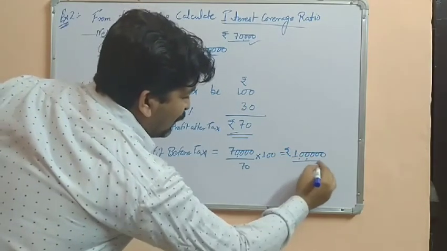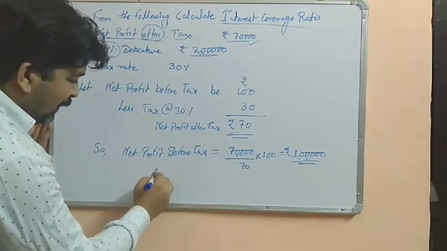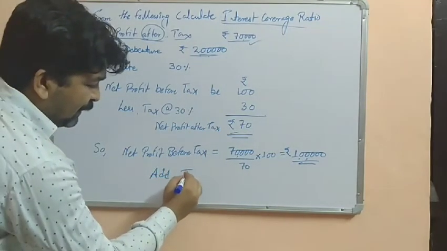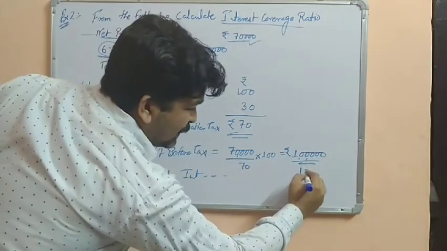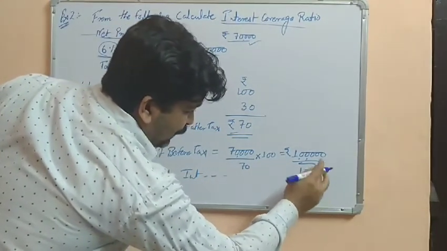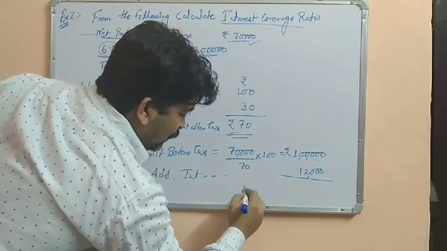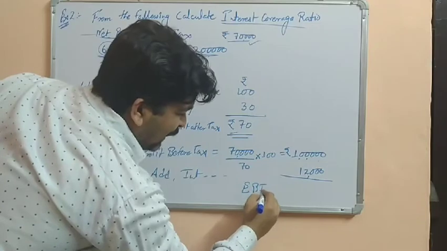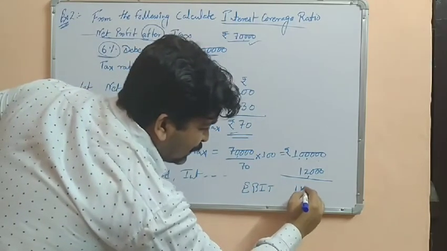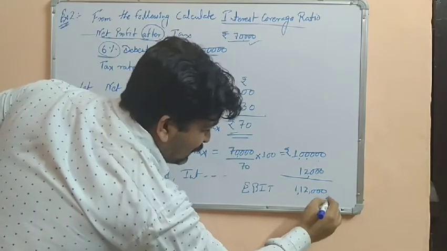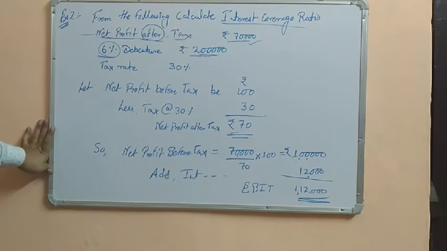This is the value of net profit before tax. We will add interest to this. What is the value of interest? 12,000, we had already counted. Okay. Now, what is the total value of EBIT, earning before interest and tax? 1,12,000. This is the value of earning before interest and tax.